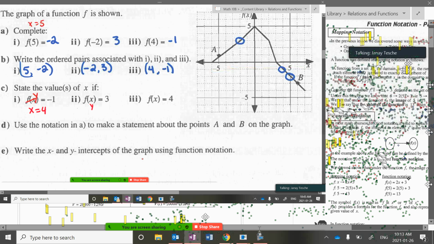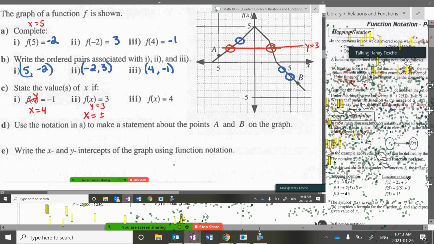When y is equal to 3, I'm going to go up to 3. I find it helpful to draw a horizontal line to visualize it a little bit more, because that's all the points where y is equal to 3. There's 2 spots where y is equal to 3. So our answer here is when x is equal to positive and -2, is that?